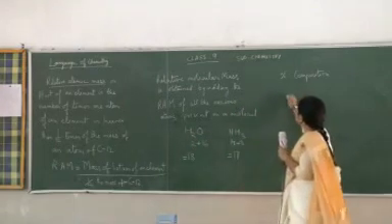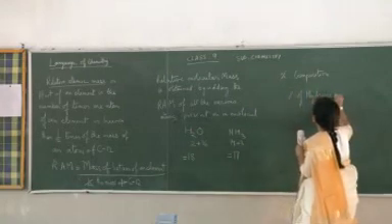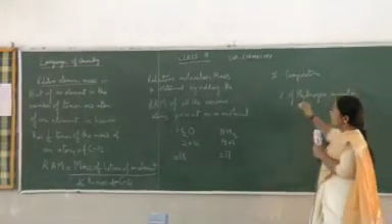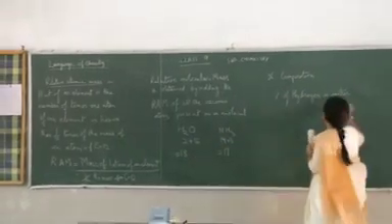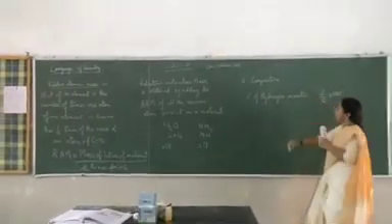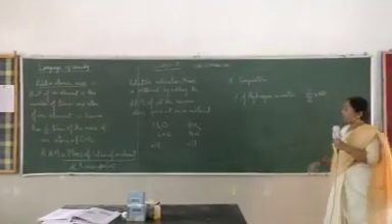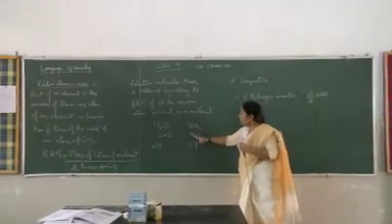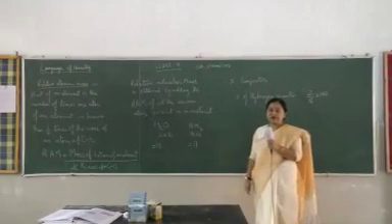So percentage of hydrogen in water will be given by 2 upon total weight of the molecule, that is 18. So it is 2 upon 18 into 100. Percentage of nitrogen in ammonia. We take the weight of nitrogen upon the total weight into 100.